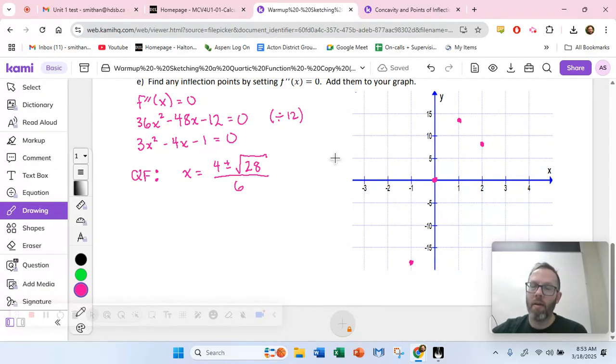We don't need to spend a lot of class time talking about how to use the quadratic formula. But this gives you two values where the second derivative is 0. Let's find them. There'll be decimal values. I'll go to a couple decimal places. So we got 4 minus root 28, and then divided by 6.